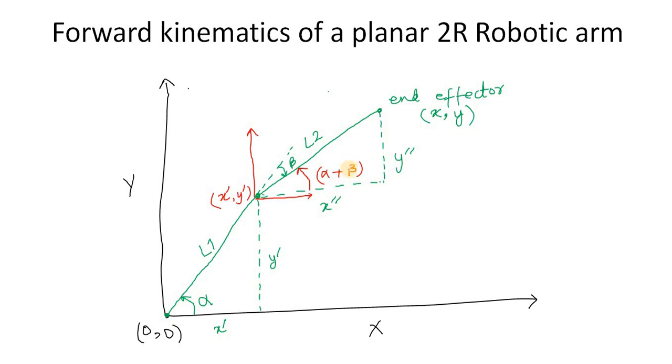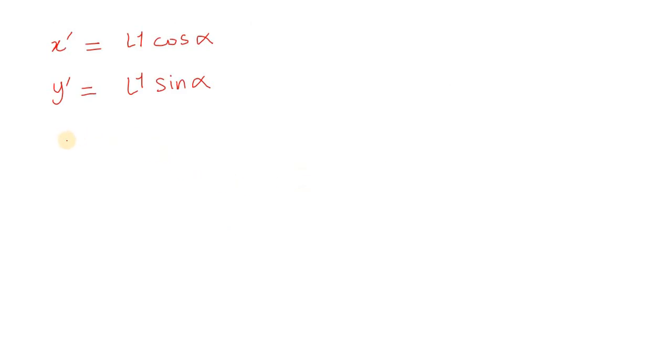Since beta is already negative, this angle will be subtracted from alpha. So we now have a right angle triangle, and using trigonometry rules we can now calculate the value of x double dash and y double dash. So let's see.